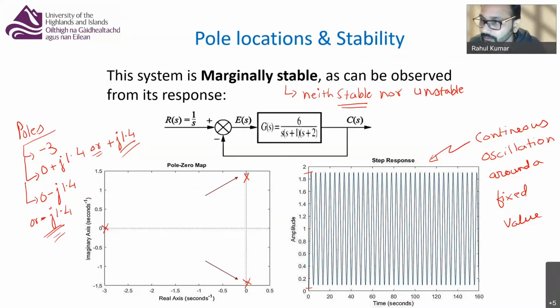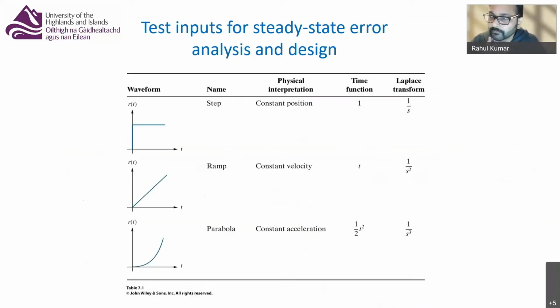Now we will try and understand or discuss a little about steady state error. So we have discussed stability. In that we concluded that if all the poles lie on the left hand side, my system is stable.